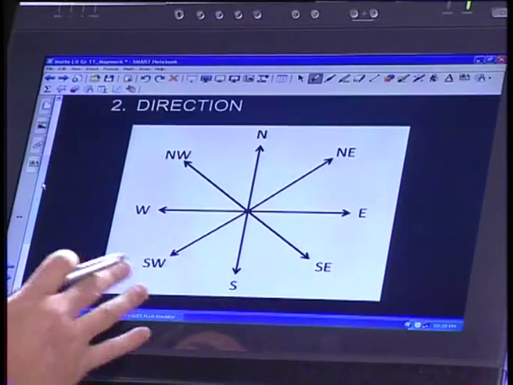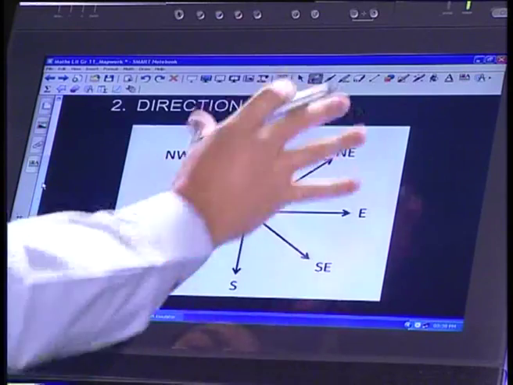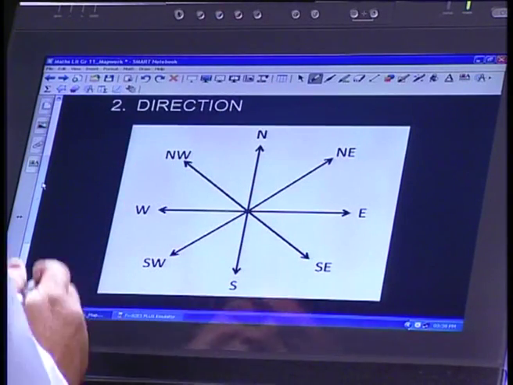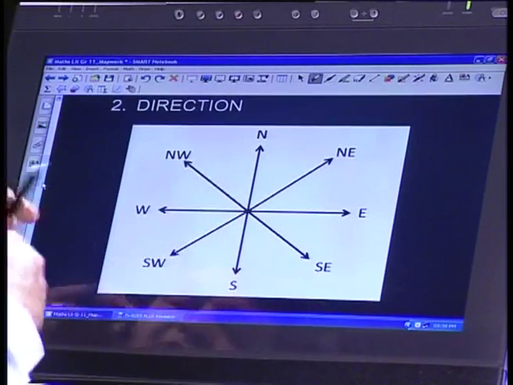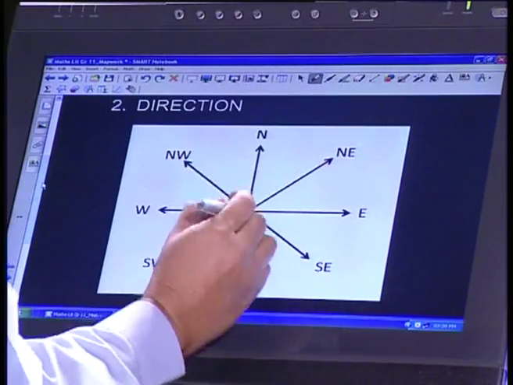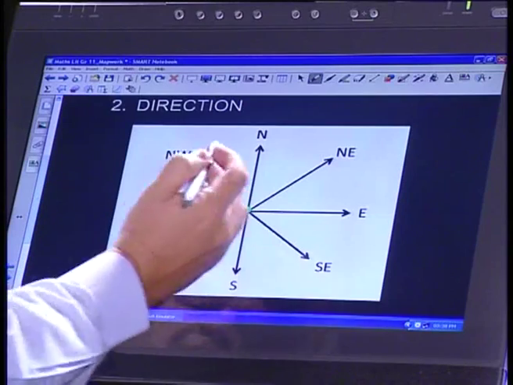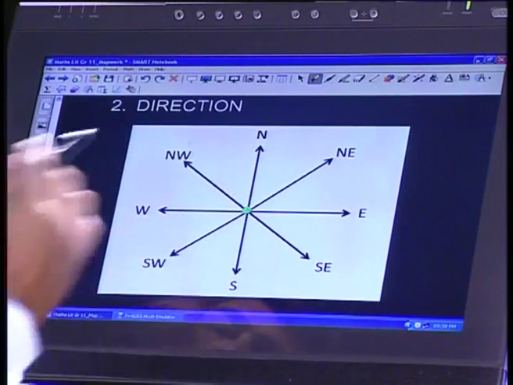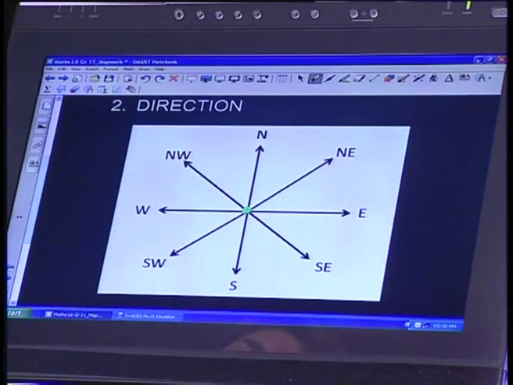So let's have a look now at our screen over here. On our screen, I've got a representation showing different directions. Were this to be my focal point right over here, if I were to walk up the screen, I would be going in a northerly direction.